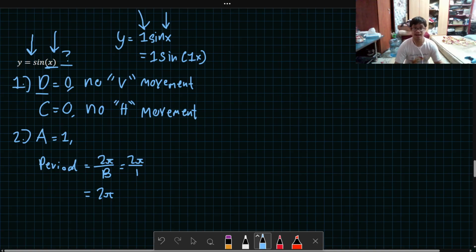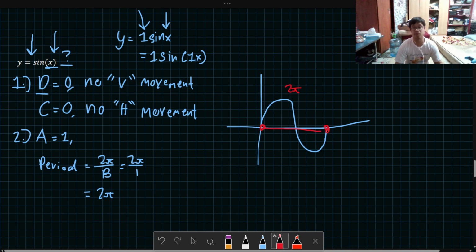So that means that if you're graphing, suppose this is the graph, in one cycle, which is from here to there, expect that the distance horizontally would be 2 pi units long. So now you know.